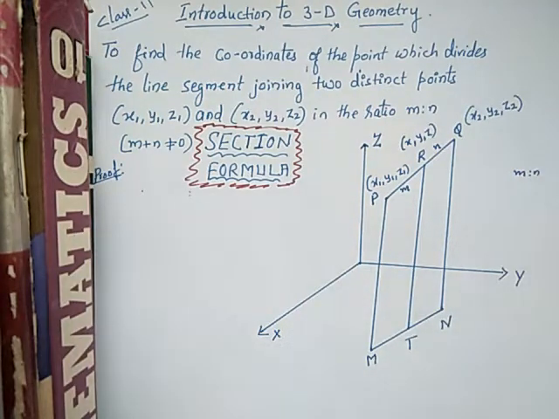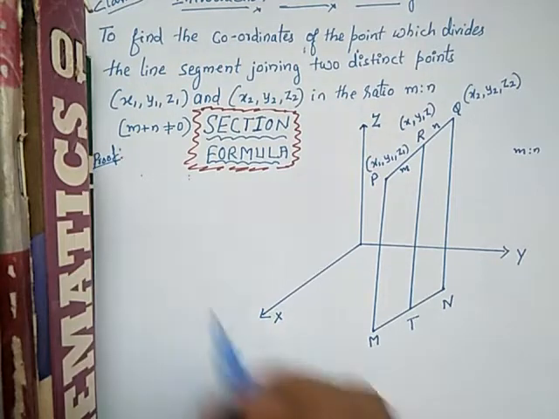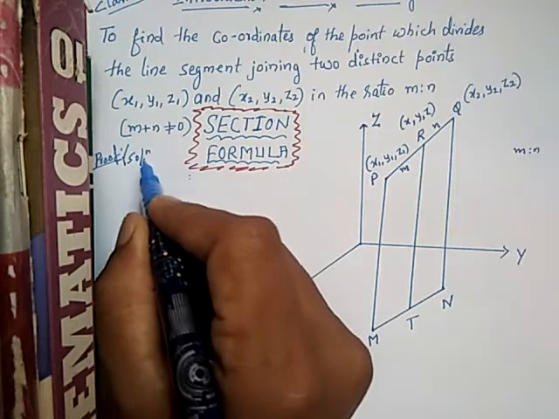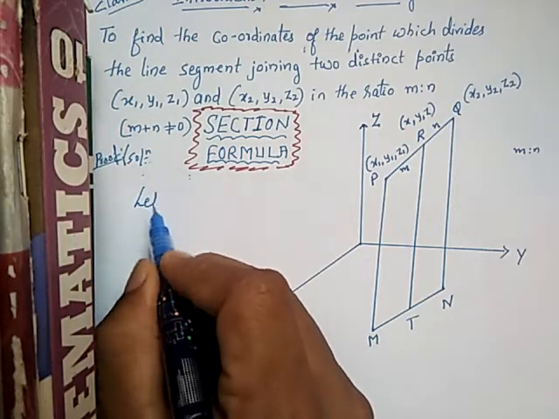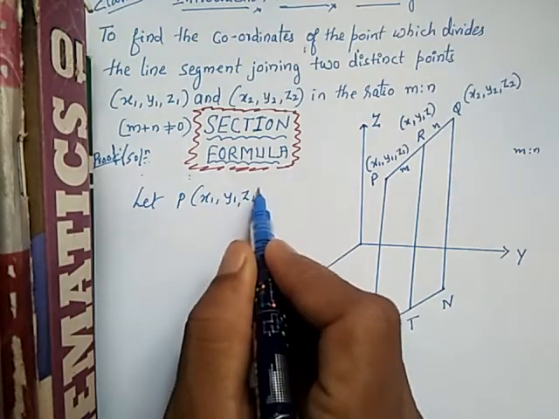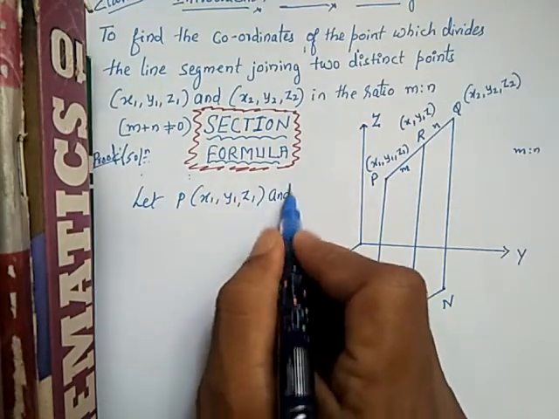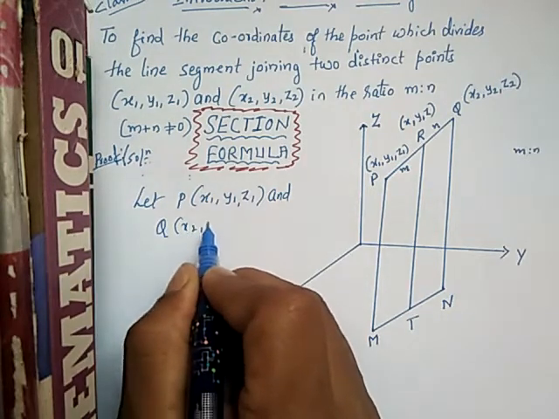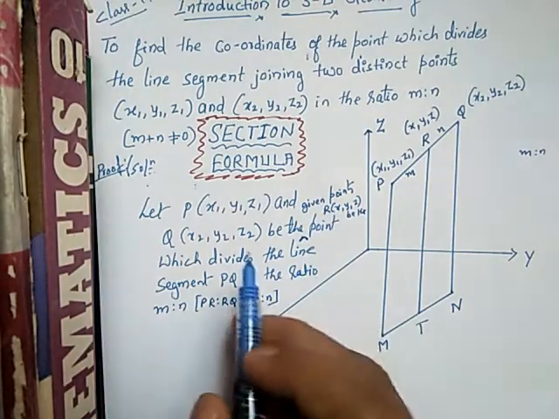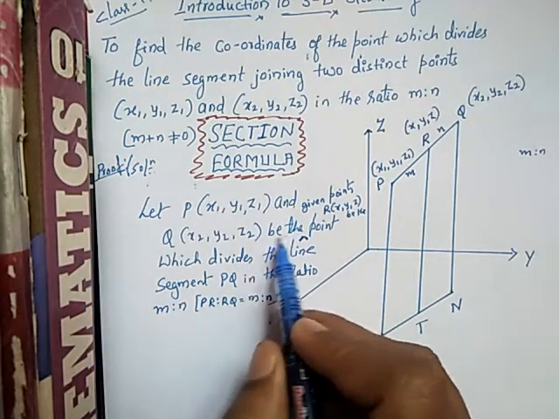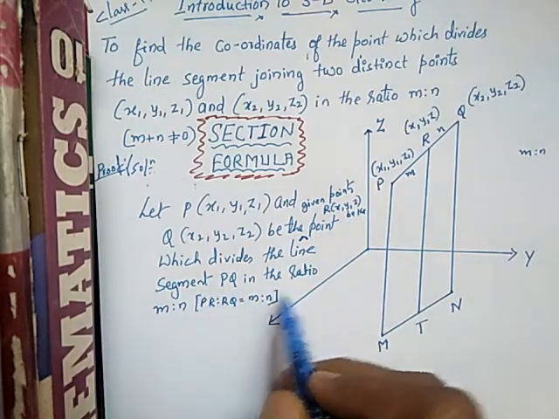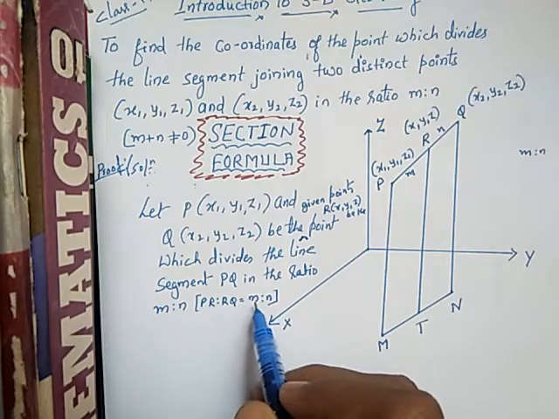Now, very important to derive this, first the given data we will write here in the solution or proof. Let P of x1 y1 z1 and Q of x2 y2 z2 be the given points, and R of x y z be the point which divides the line segment PQ in the ratio m is to n, PR is to RQ, that is m is to n.